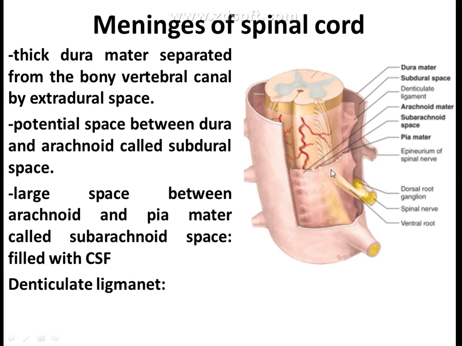So outside the pia mater covering the spinal cord is the arachnoid mater. And you know that the space between the pia and arachnoid is called the subarachnoid space, which is filled with cerebrospinal fluid, with CSF. And outside of the arachnoid is the dura mater.